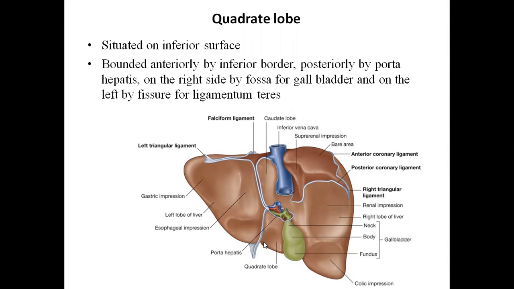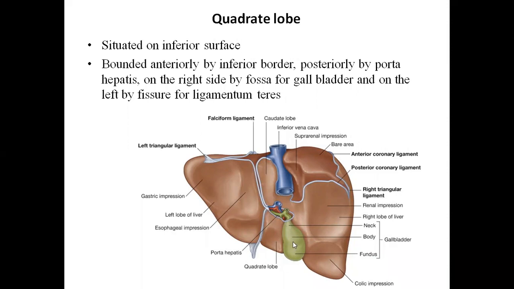Now, what are the boundaries of quadrate lobe? Anteriorly it is bounded by the inferior border. When I say anteriorly, you may have a little confusion here again, but that's because of the position of the liver. When you look at the position of the liver, this comes anteriorly. Posteriorly by the porta hepatis. On the right side by the fossa for the gallbladder.